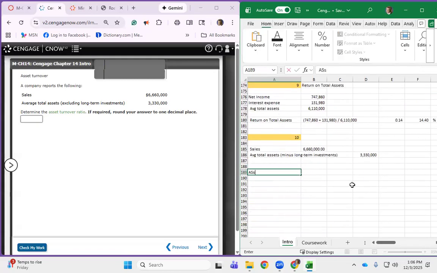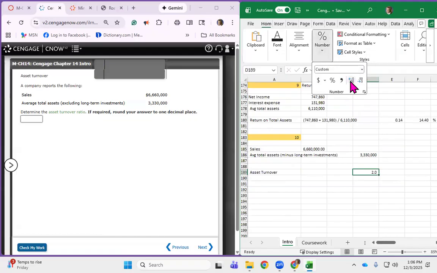So this is asset turnover, and this is just a number. How many times did it turn over? So we're going to take our sales and divide by our average total assets minus the long-term investments. Now I'm going to increase the decimals. So we got a 2. We turned those assets over twice when we made our sales.